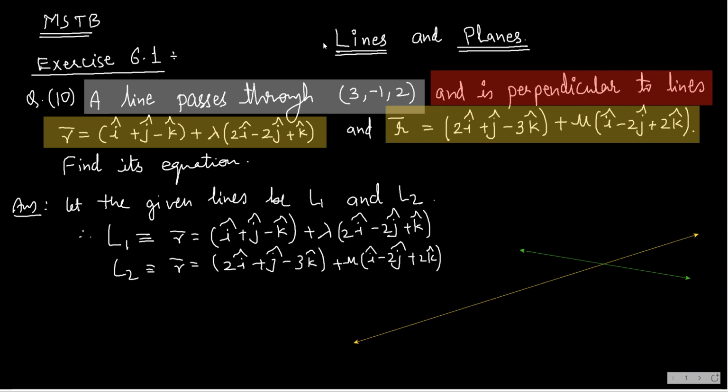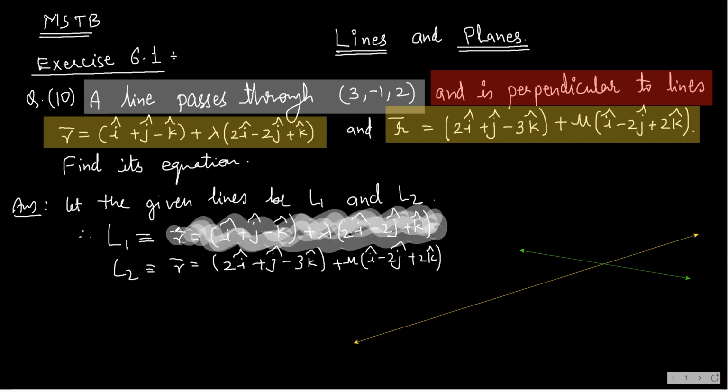We have done this already, that when we write the equation of a line, the vector which you have with lambda is the DR of the line. It gives the direction of the line.